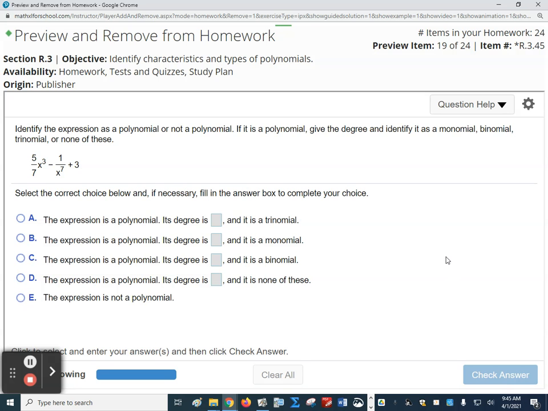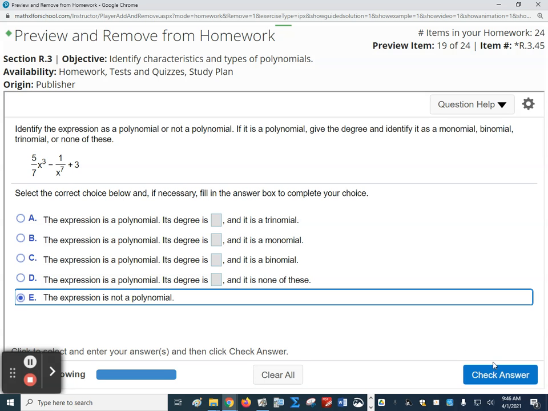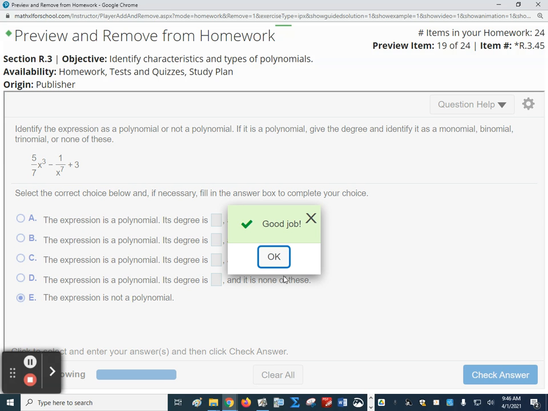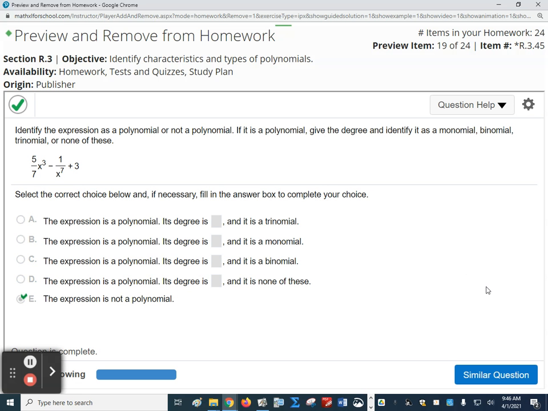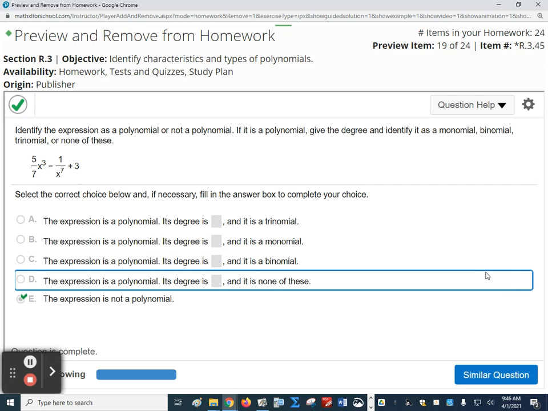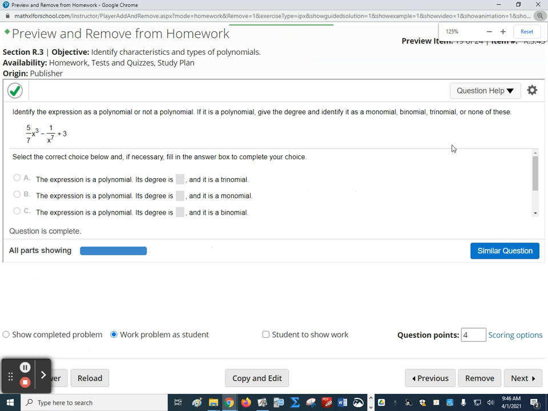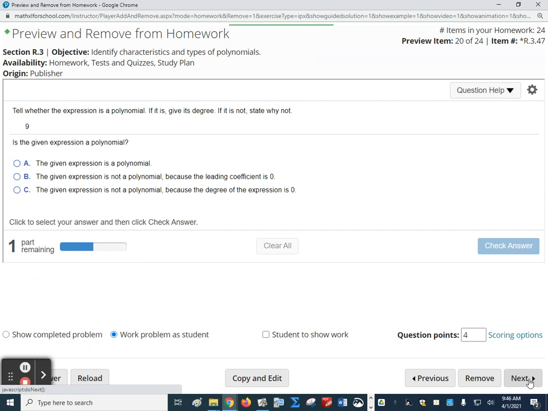What rule did it break? Okay, look there. If I wrote that as an x to a power, that'd be x to the -7, wouldn't it? -7 is not a whole number. So that is not a polynomial. Okay, let's try another one.